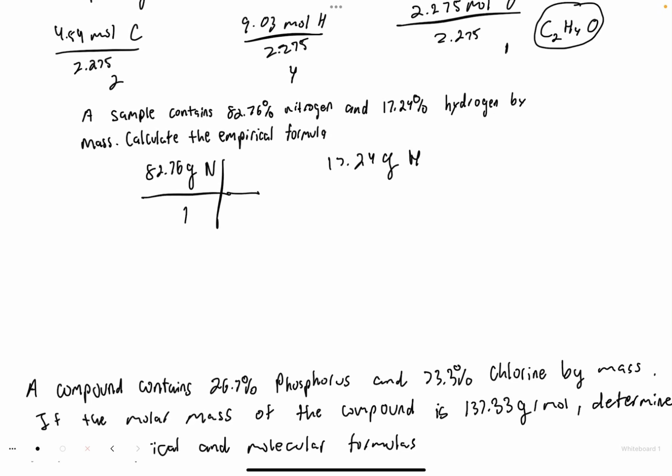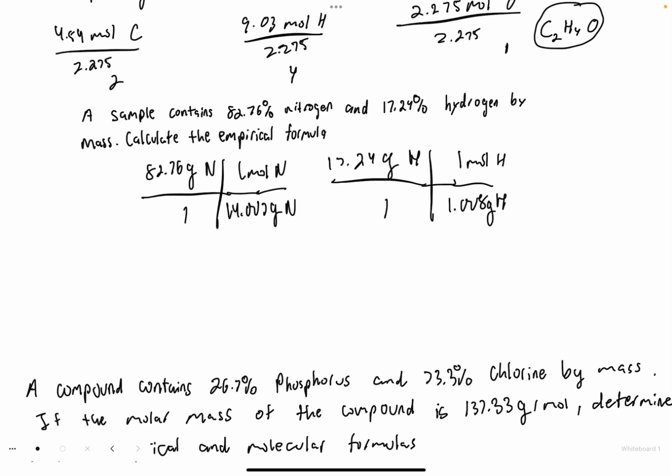And use the molar masses of these elements to get to moles. So in this case, nitrogen is around 14.007 grams nitrogen, 1 mole of nitrogen. And then for hydrogen, it's roughly 1.008 hydrogen grams, and then 1 mole of hydrogen.